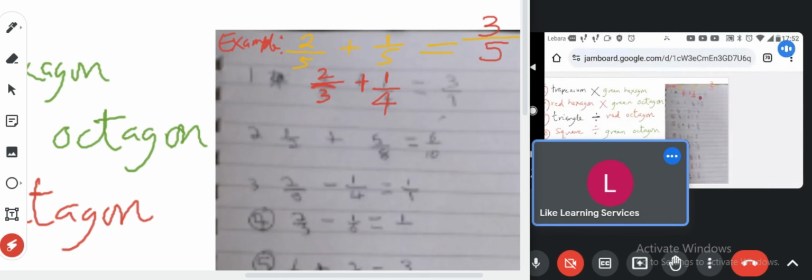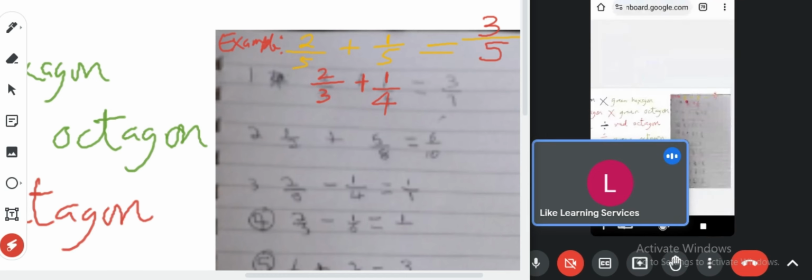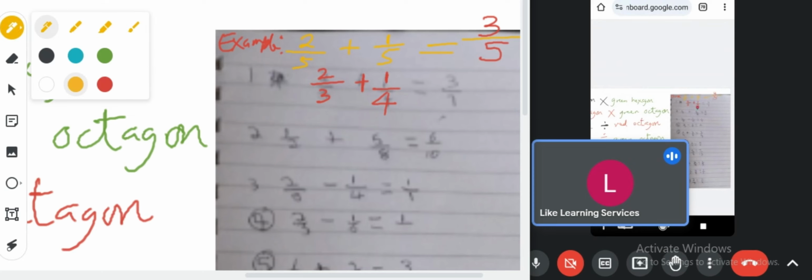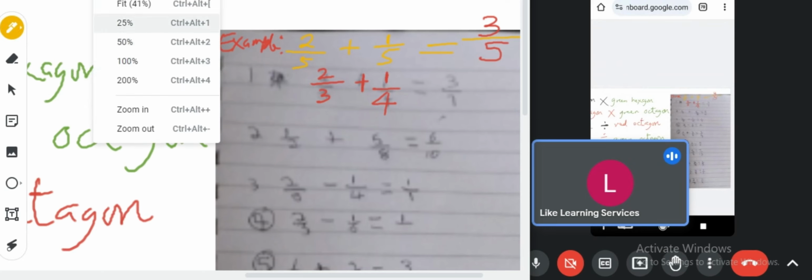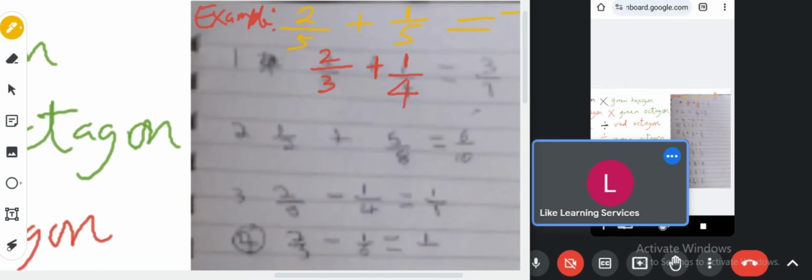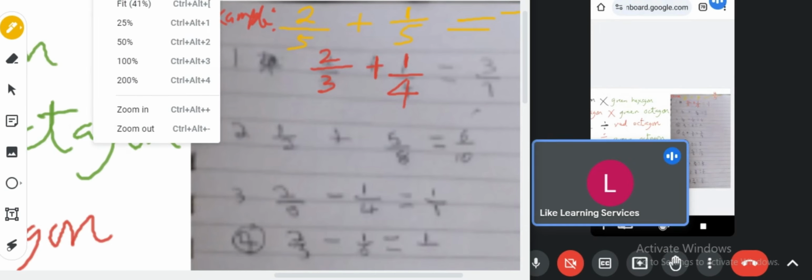In other words, that number you will multiply with 3, you also find something else to multiply with 4, but the two answers must be the same. I can give you a clue on this one. Should I give you a clue?